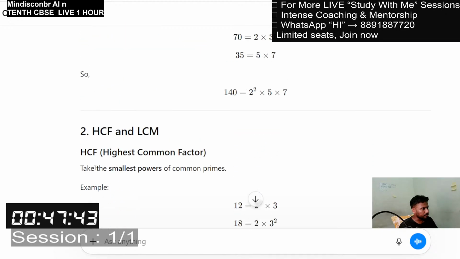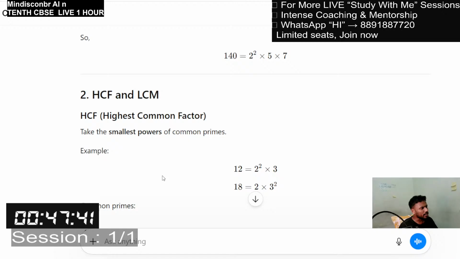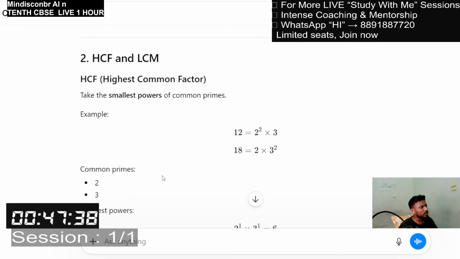HCF and LCM. HCF, highest common factor. Take the smallest powers of common primes. 12 is equal to 2 square into 3. 18 is equal to 2 into 3 square.